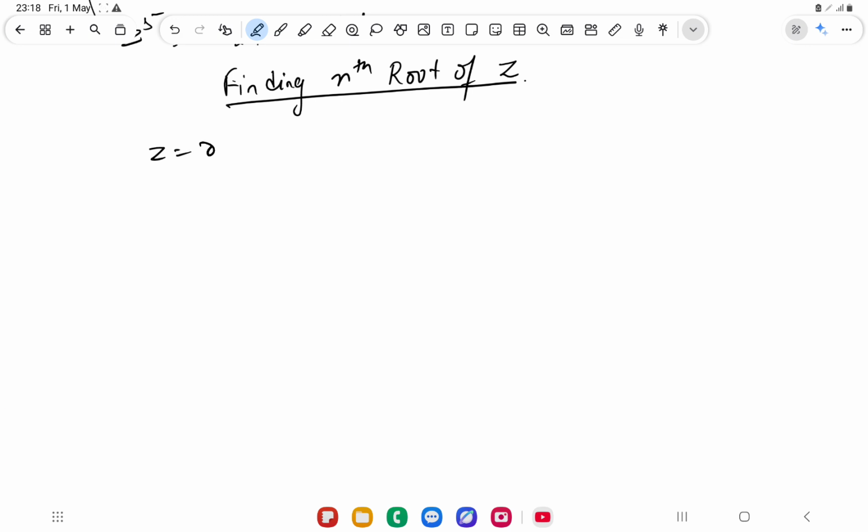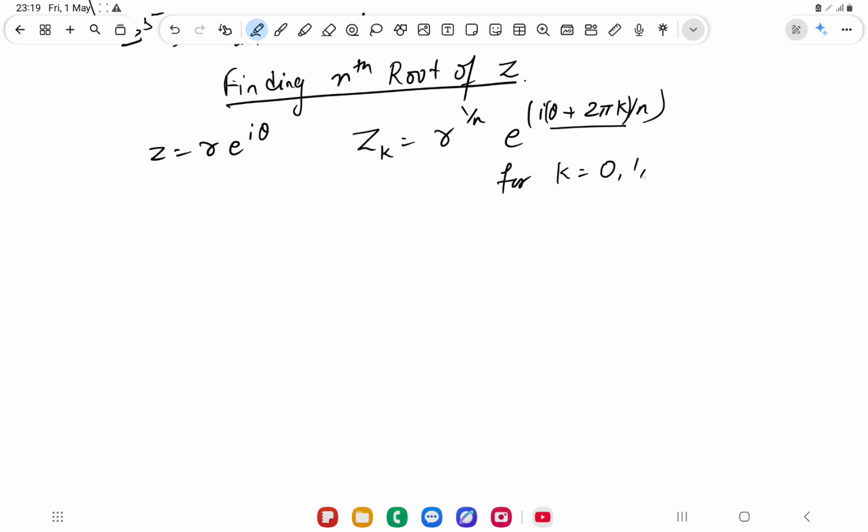If I write z as r e to the power i theta, then the nth root is r to the power 1 upon n, e to the power i times theta plus 2 pi k, whole divided by n. Sine and cos have a period, they repeat themselves after an interval. That's why I have written theta plus 2 pi k. And here k starts from 0, 1, 2 and goes till n minus 1.